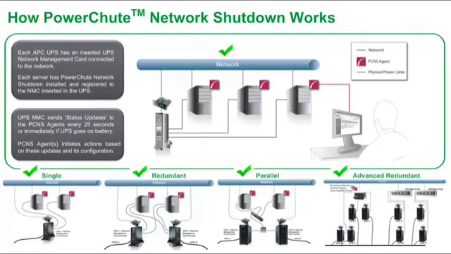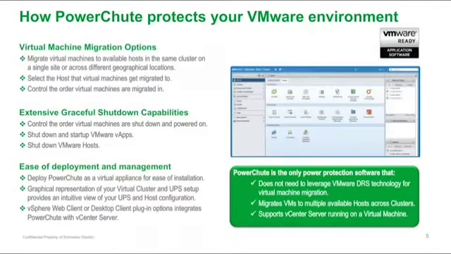The Advanced UPS configuration enables a single PowerChute Network Shutdown agent to monitor multiple UPS setups and initiate graceful shutdown based on different redundancy levels. Each UPS setup can be a single UPS or a UPS group of 2 or more UPSs.